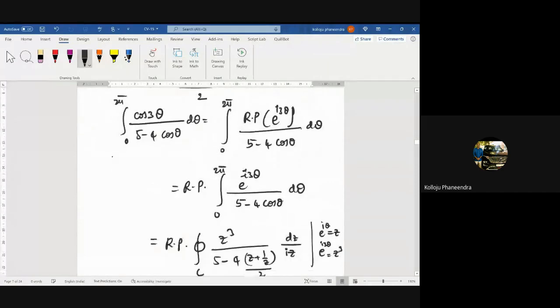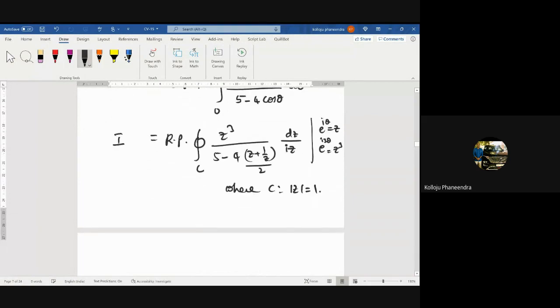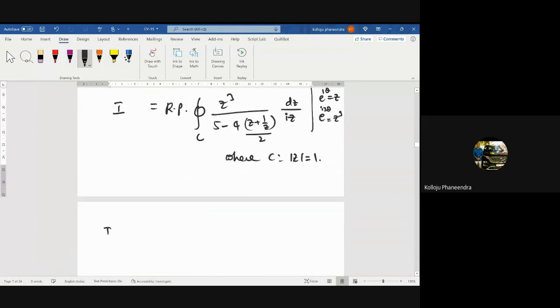Now I am taking this problem as I. So this I is the real part of the integral over C. The 2 gets cancelled, so z cube and z get cancelled.